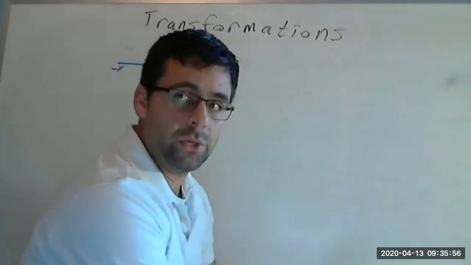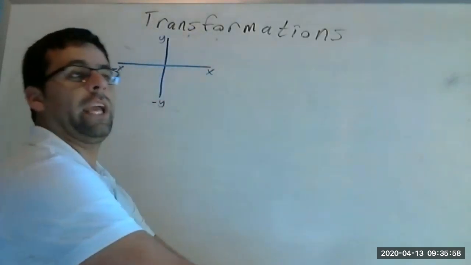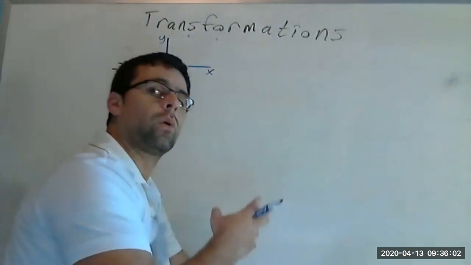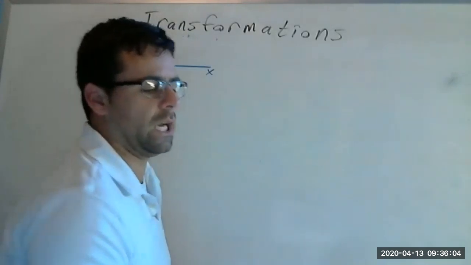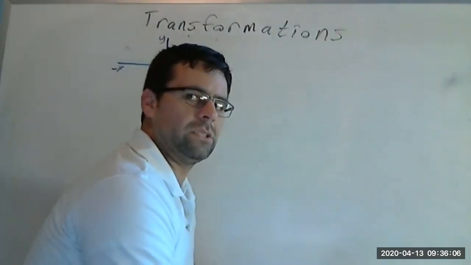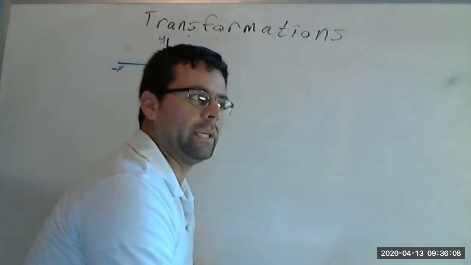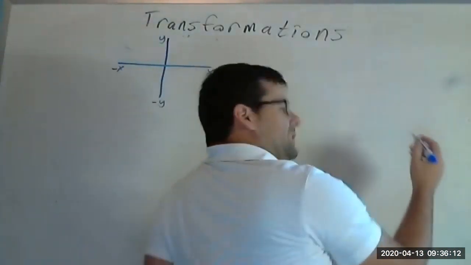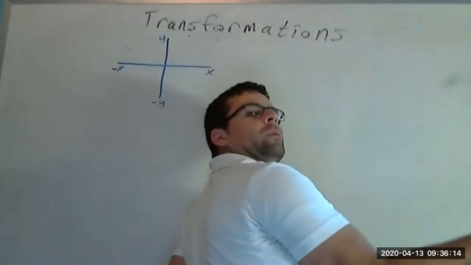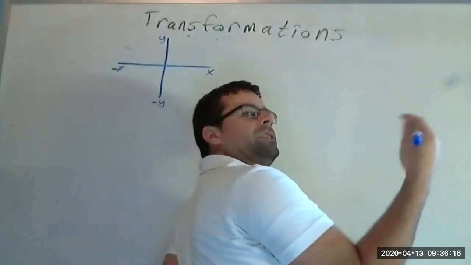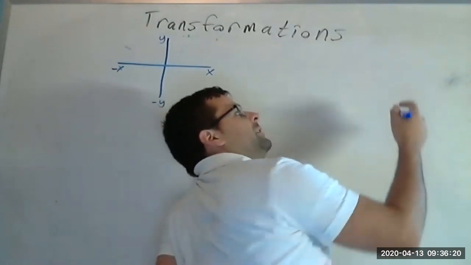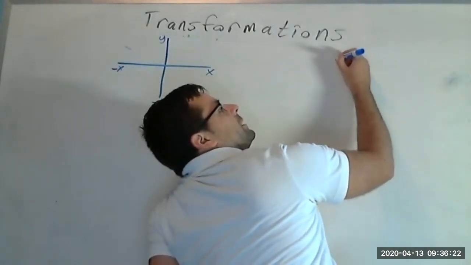In the other two, we changed the y to negative y, or the x to negative x. But what we didn't do is go outside of the x's or the y's. So let's take your answer and work backwards and try and figure out what it means if we switch the x's and the y's.